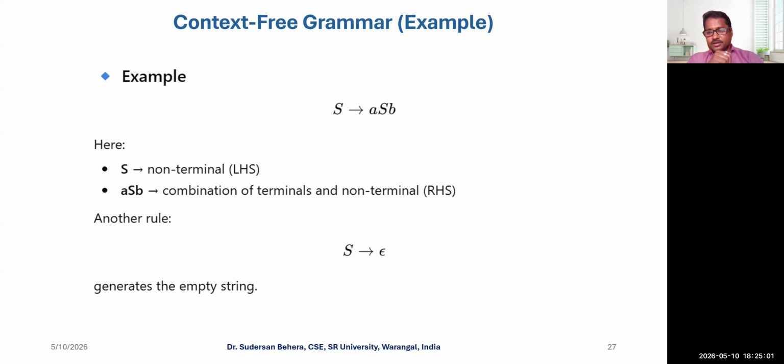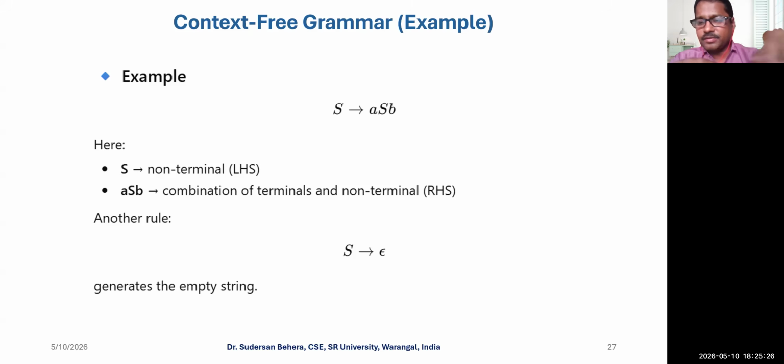The first production rule says that S derives aSB. The second production rule says that S derives epsilon. Epsilon means a string of length 0. So here the left hand side represents the capital S, and the right hand side represents a null string.